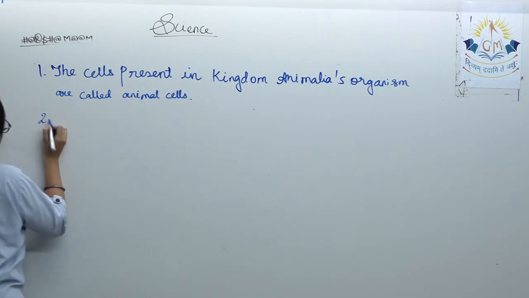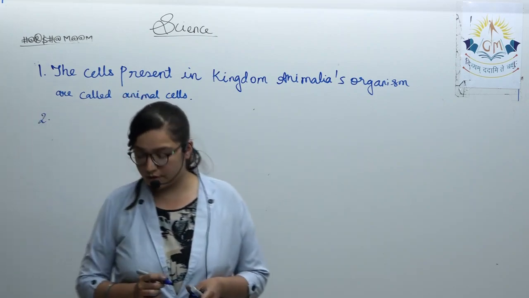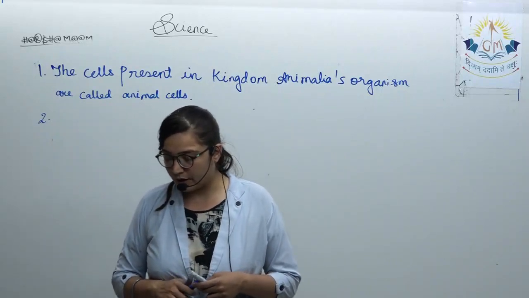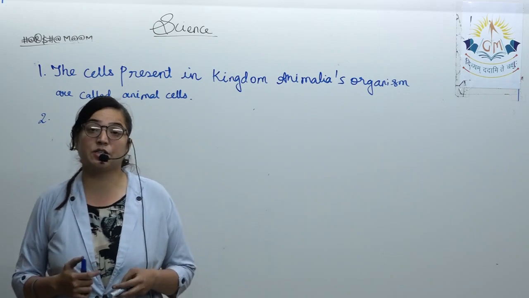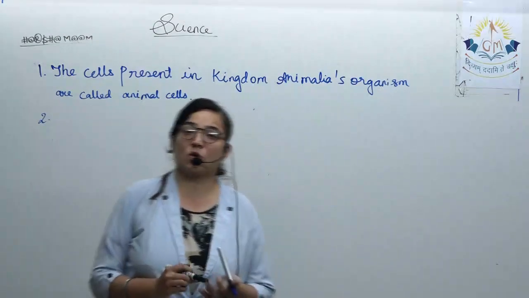Coming to the next question. The nucleus, the oval shaped body that contains the hereditary material and is the control center of the cell, is called nucleus.